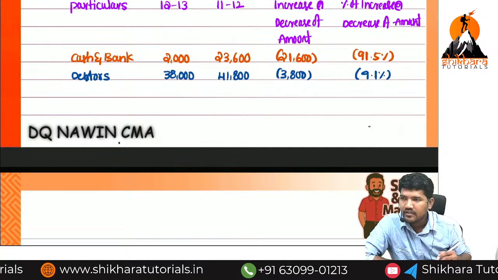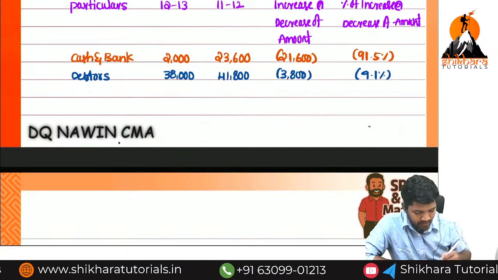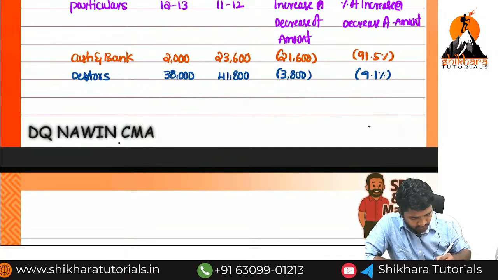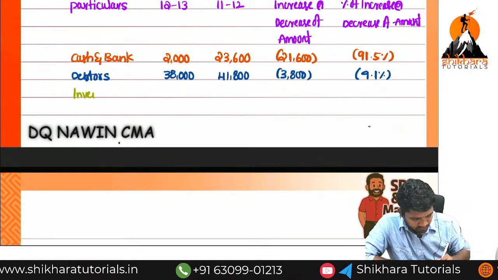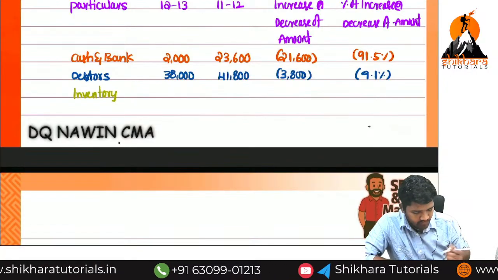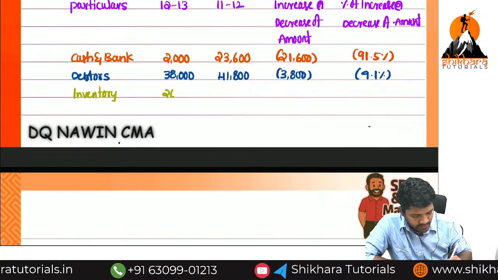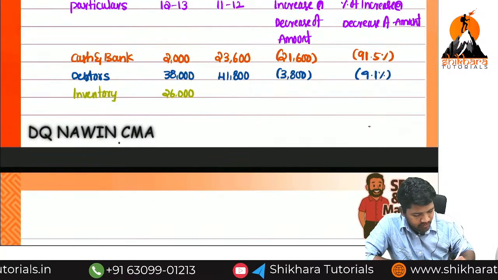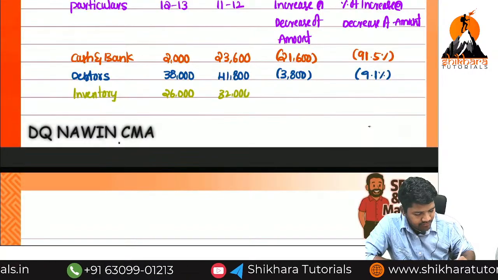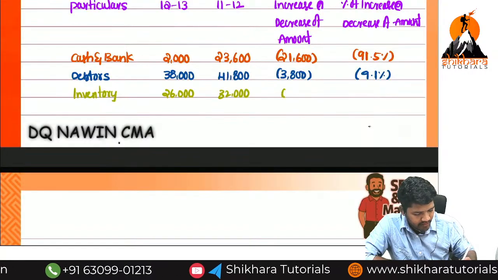What's the next one? Inventory. Answers? 26,000 and 32,000. Change? Negative.